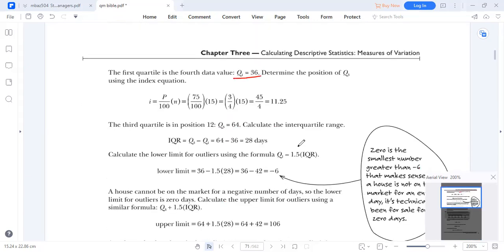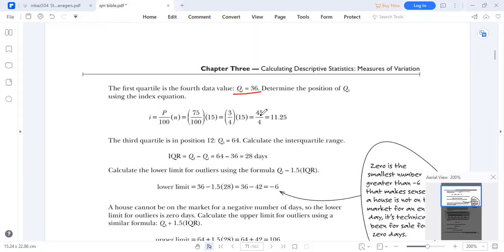And the third quartile is 3/4 of N. So 3/4 of N is 11.25. We round up, which is the 12th position. The 12th position is 64. Did you find that? Yes. So the interquartile range is the difference between the upper quartile and the lower quartile. So 64 minus 36, so 28 days. Did you find that?